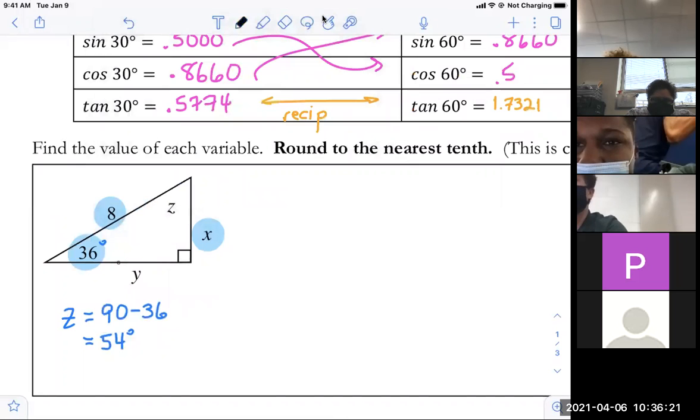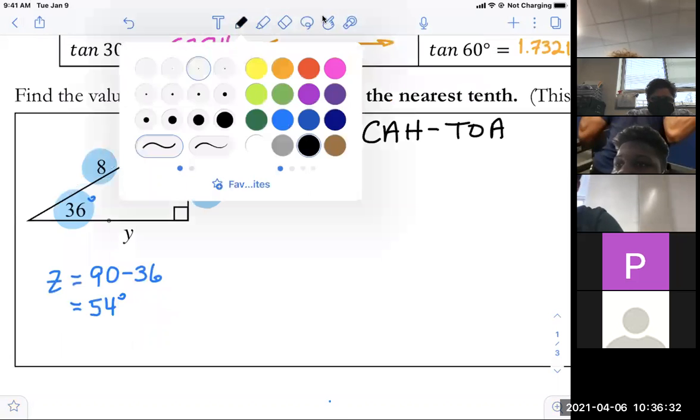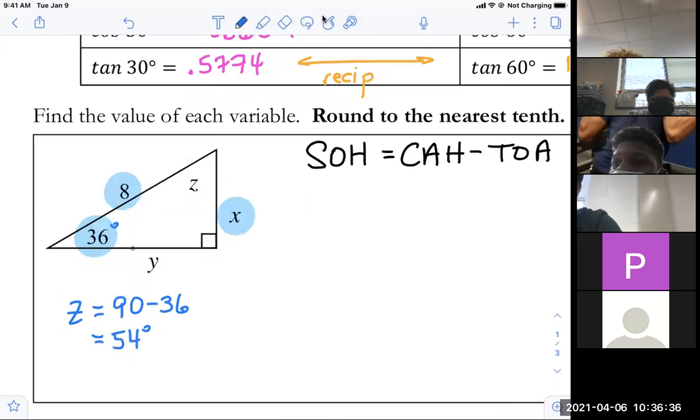Remember, sine is opposite over hypotenuse, cosine is adjacent over hypotenuse, tangent is opposite over adjacent. Let's label the sides in relation to the 36 degrees. What side is 8? That's the hypotenuse. The hypotenuse is always the side across from the right angle. And then the x, is that the opposite or adjacent leg? That is the opposite leg.